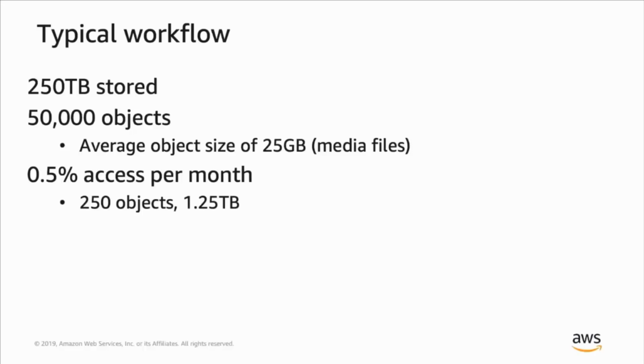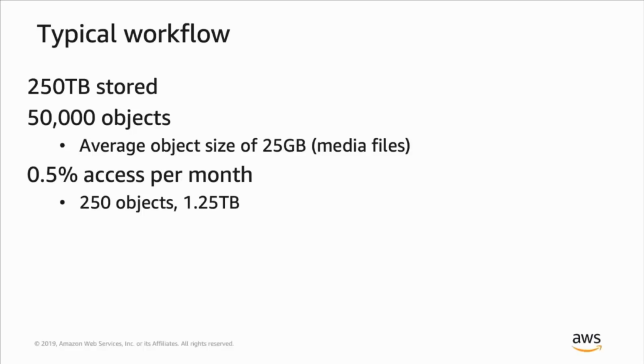And the average object size is about 25 gigabytes. So these are large media files, which leaves us with about 50,000 objects, and their access pattern is quite low. Let's call it 0.5% a month. So we expect this customer will come in any given month and restore 250 objects, which are about 1.25 terabytes.